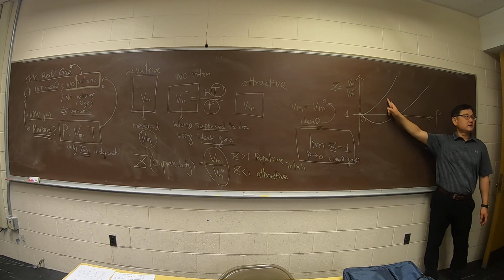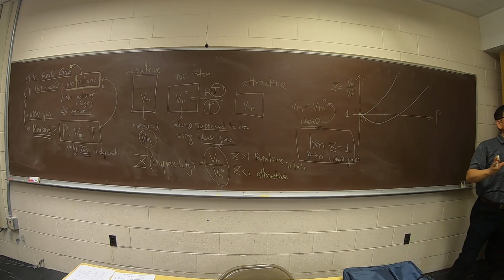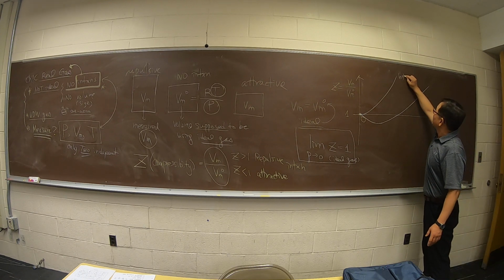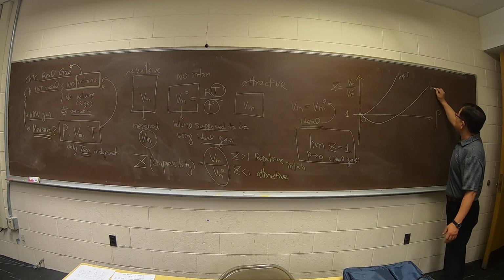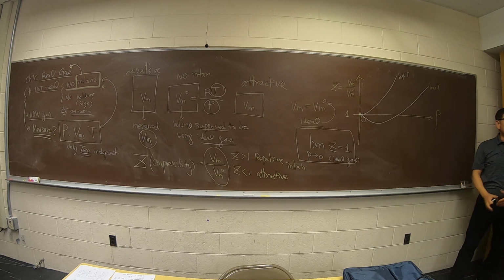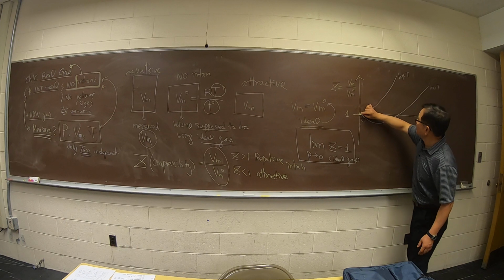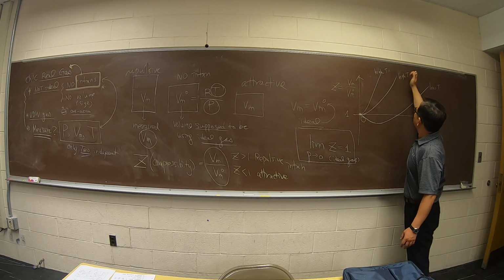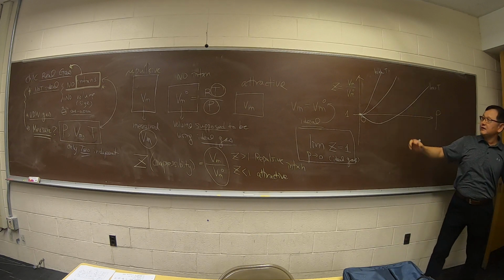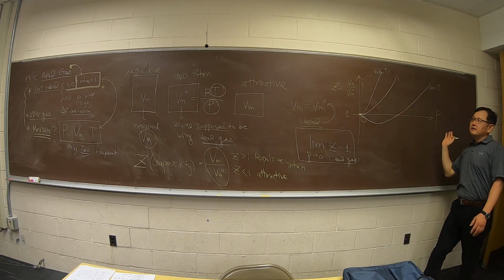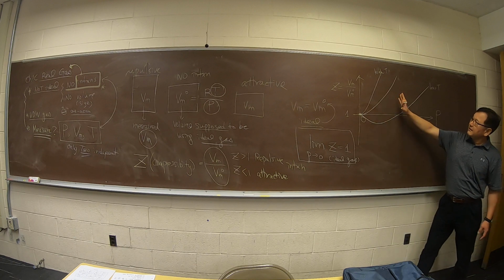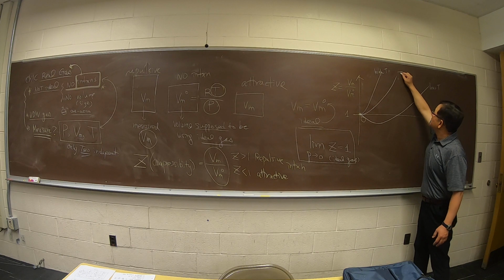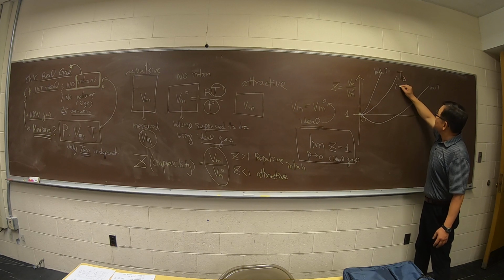Sometimes they don't experience any attractive forces at all, and this is a high temperature. This is a low temperature, and this is a high temperature. And there is a magic temperature above which you can only have a repulsive interaction, and this is what we call T_B. This is called the Boyle temperature.